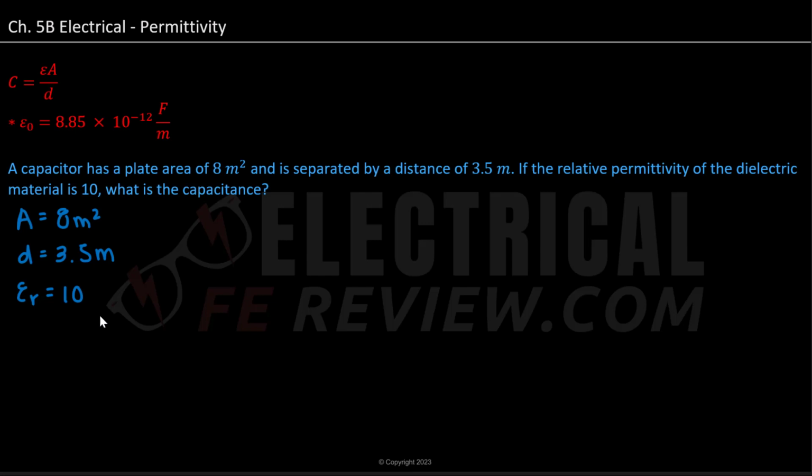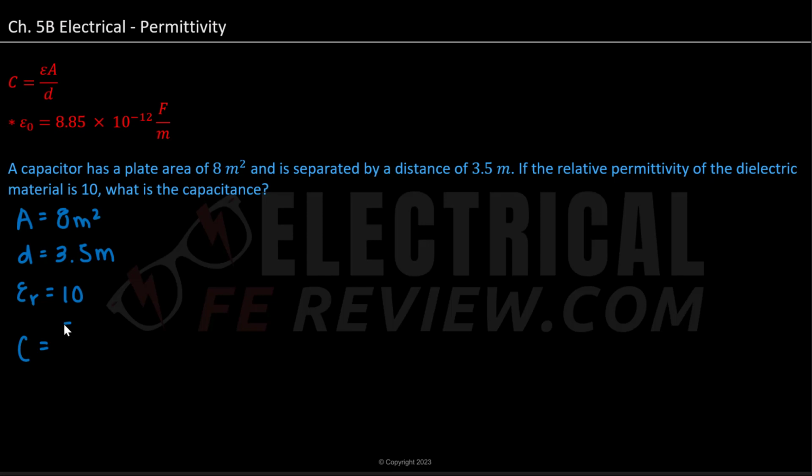So now that we know our variables, we can go ahead and set up our formula. You can write that capacitance C is equal to epsilon, but in this case we have to solve for epsilon by multiplying our relative permittivity by the permittivity of free space.